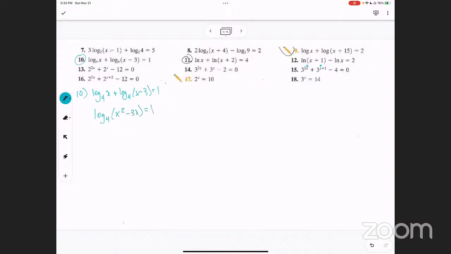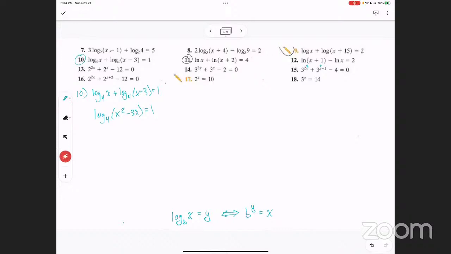Log base 4 of x squared minus 3x equals 1. Now what? Is this where you use the change of base rule? No, it's called the equivalence. This is super important. The equivalence says this: if you have log base b of x equals y, that's the equivalent thing as saying b to the y equals x.